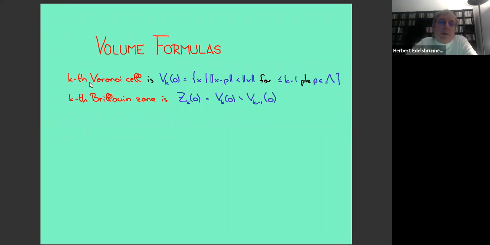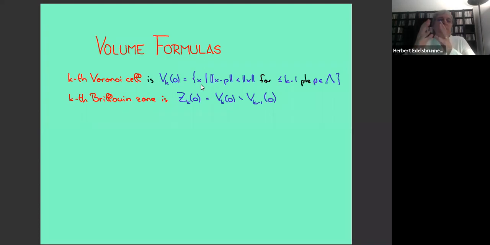Namely, the usual Voronoi cell is the first Voronoi cell, and the kth Voronoi cell collects all the points x such that 0, which is a point in a lattice, is among the k nearest, which means there can be at most k minus 1 lattice points closer to x than 0.